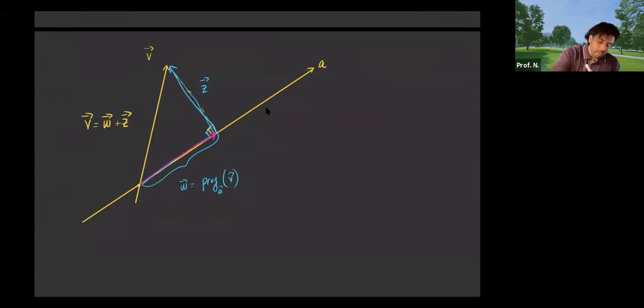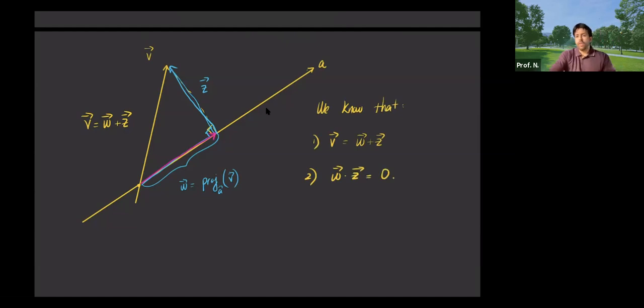And we know that V is a sum of W plus Z, and that the dot product of W and Z is 0. So these are two things we know about orthogonal projections.